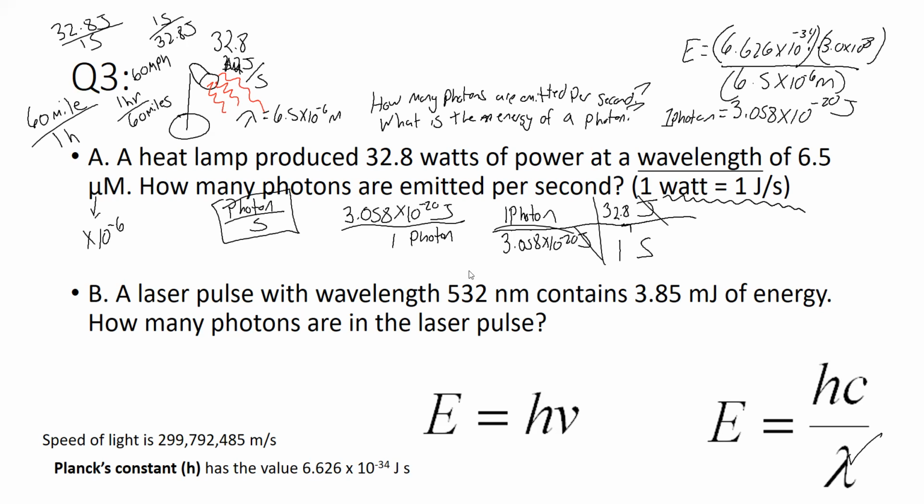Do 32.8 divided by 3.058 times 10 to the minus 20. When you do that, you find that this lamp is producing 1.1 times 10 to the 21 photons per second, and the sig figs should be 2 because they're right there.